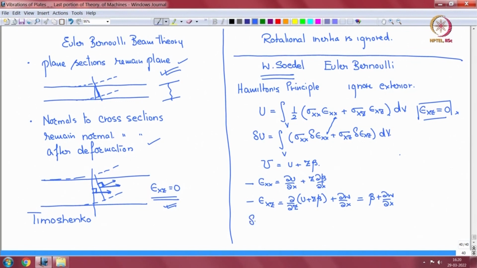We get delta U given by the volume integral of sigma xx into del x of delta u plus z times del x of delta beta, okay, plus sigma xz into delta beta plus del x of delta w, dV.